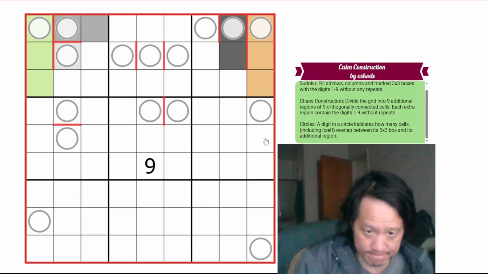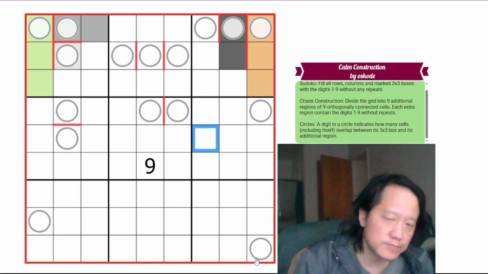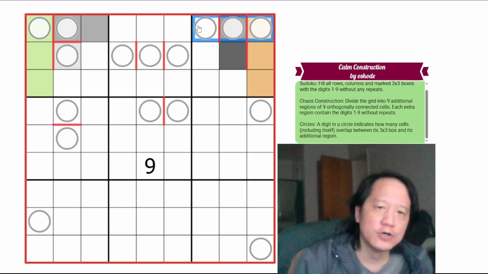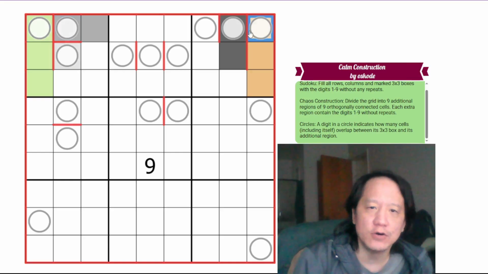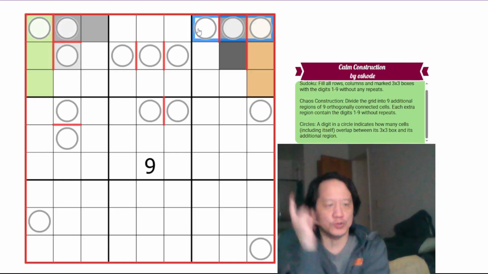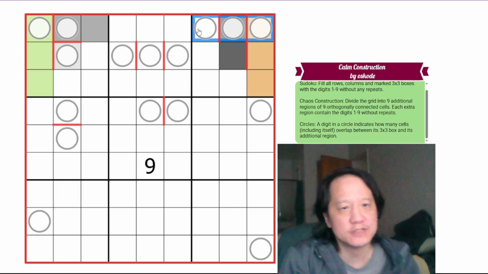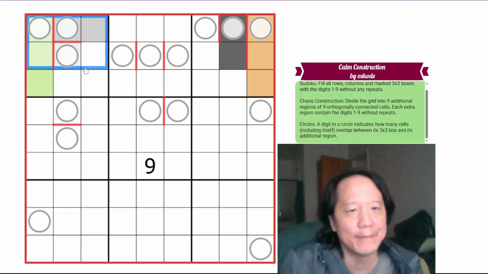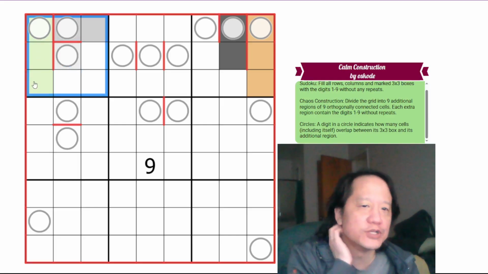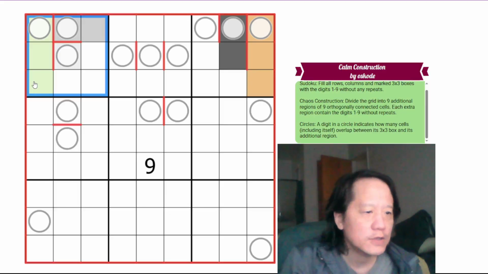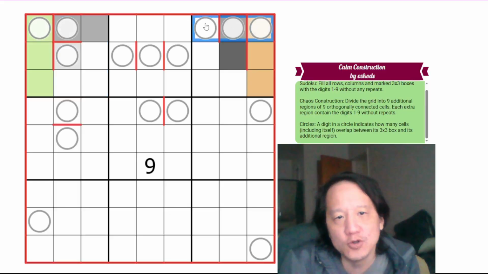Okay. So the 3 digits can only add up to 9 at most, right? Because there has to be 9 cells at most within a region. So this is at most 1, 2, and 6.